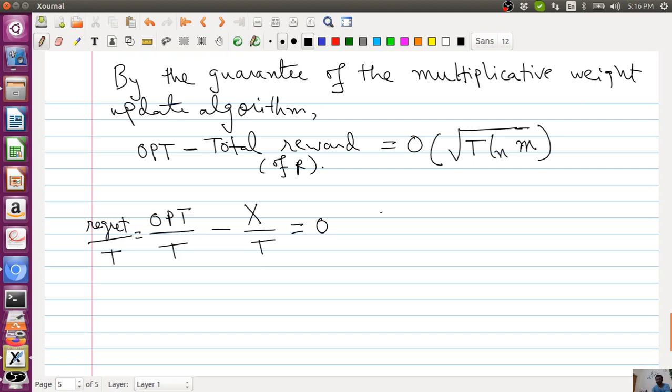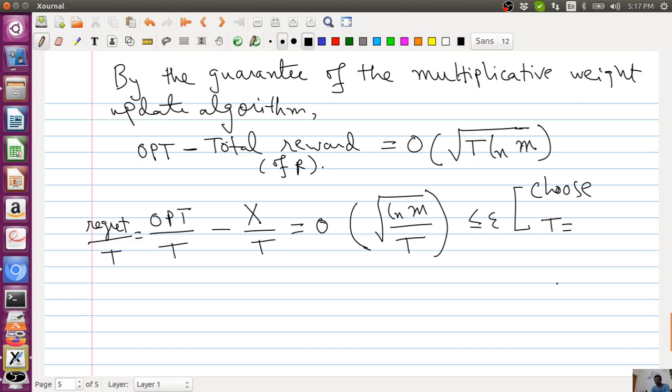This is equal to order square root of log m by T. Now we will choose T to be large enough so that this is very small, let's say at most epsilon. So choose T to be log m by epsilon square.